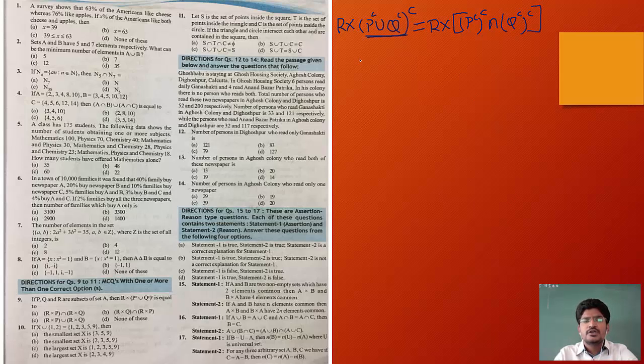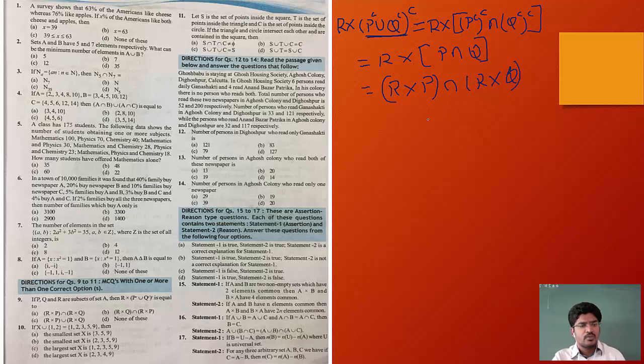Clear? So again use the complement properties. Complement of complement will be the original set, that is nothing but P intersection Q. So now apply the cross product, that will be (R cross P) intersection (R cross Q).